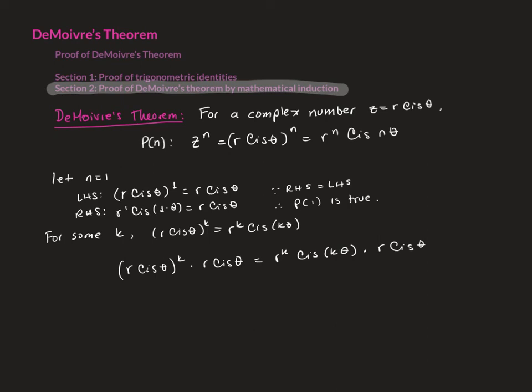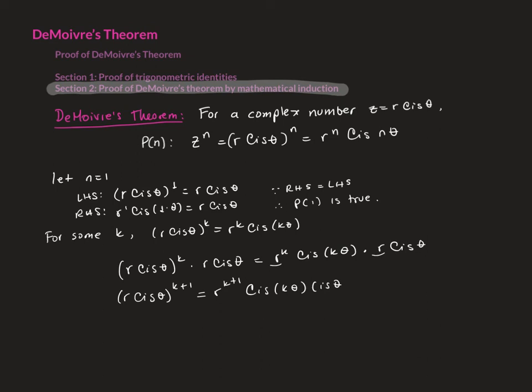Now on the left hand side, this becomes r cis theta to the power of k plus 1. So that side is already done. And the right hand side, we can put together the two r's that we have. So r to the power of k plus 1. And then we have cis of k theta times cis of theta.